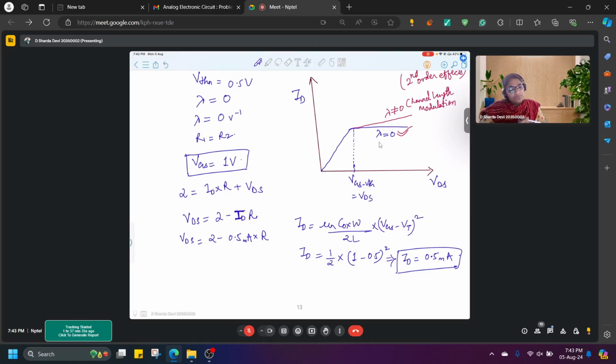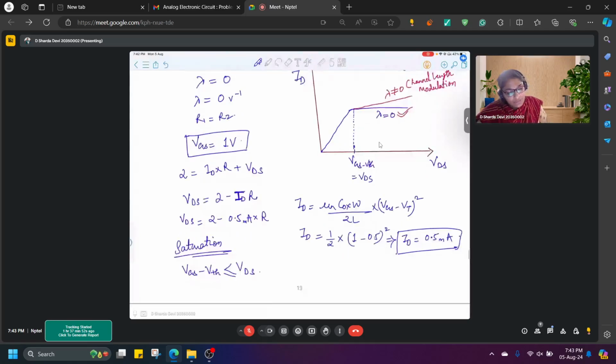So for maximum R, first of all, for saturation, what is the condition? VGS minus VT should be less than or equal to VDS, right? Now we want my R to be maximum.